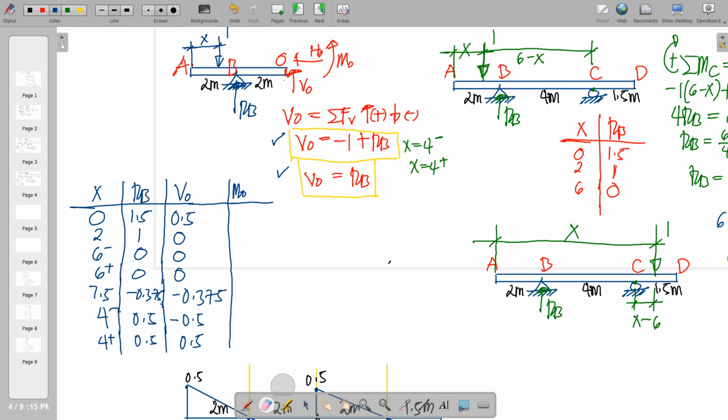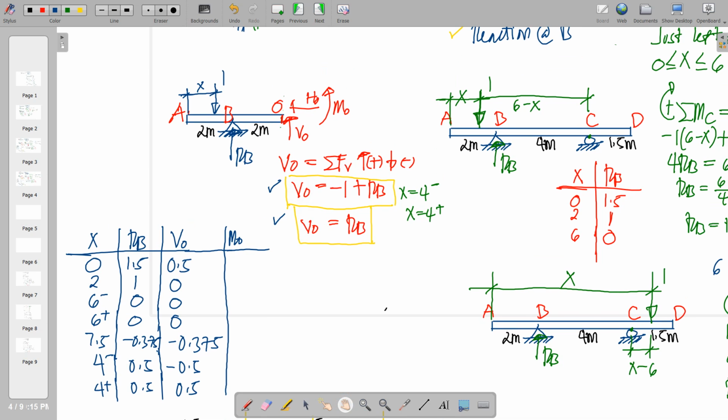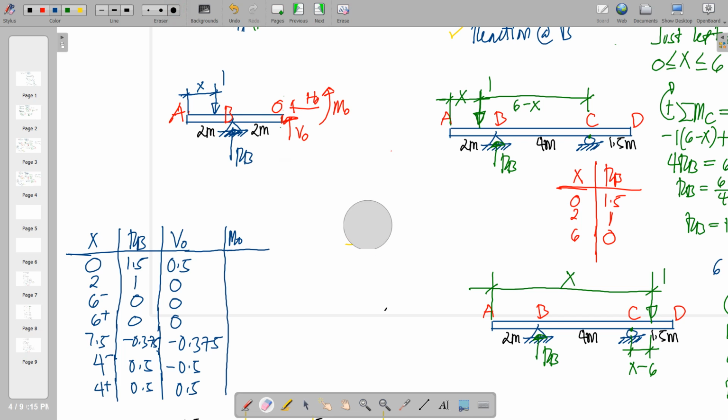So where shall we get the equation? Again, we are going to use this figure. So perhaps you can already delete this one, and then have an equation for MO. So MO, remember that this is just equal to summation moments.